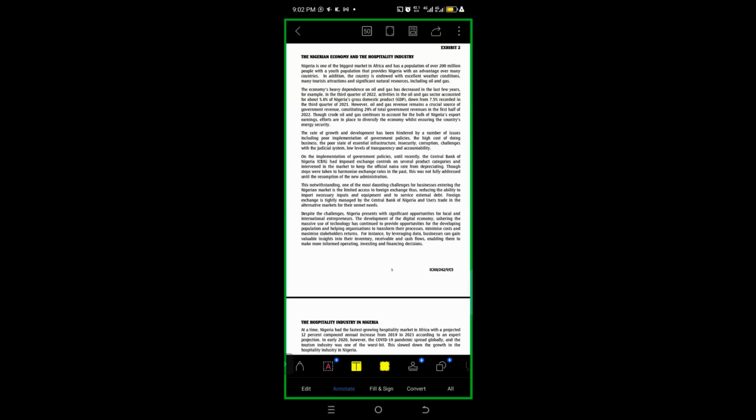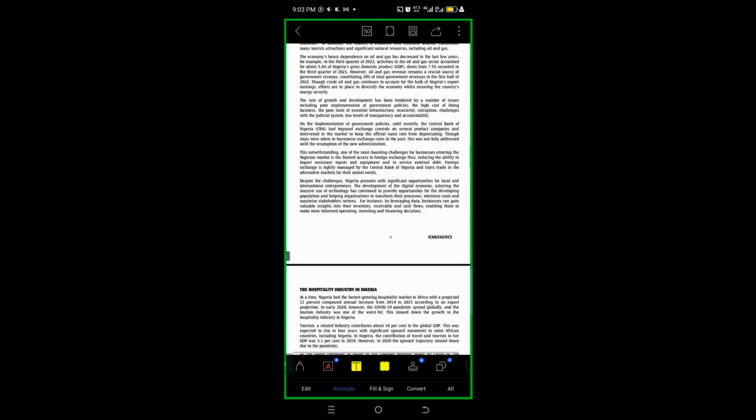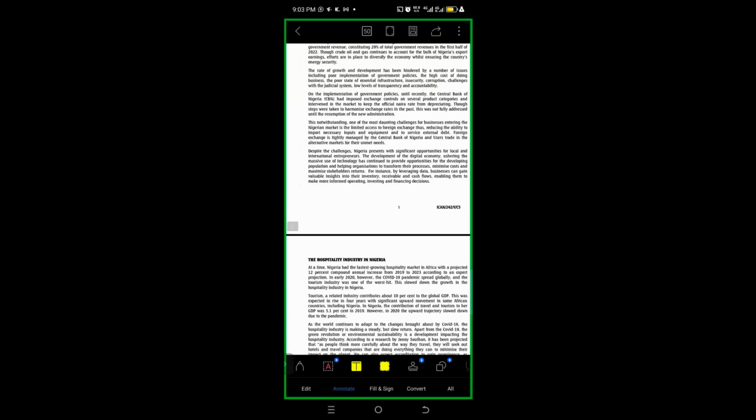Then one other place that may be of interest to us is that the rate of growth and development has been hindered by a number of issues, including poor implementation of government policies, high cost of doing business, the poor state of essential infrastructure, insecurity, corruption, challenges with the judicial system.